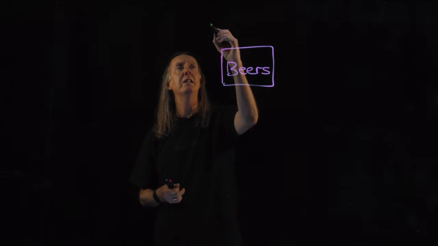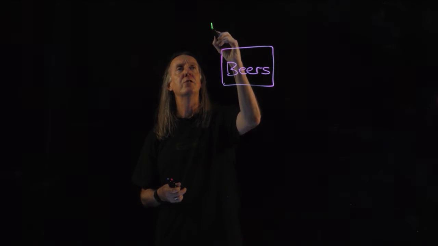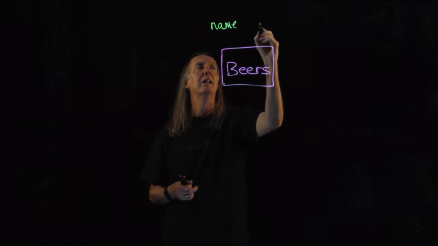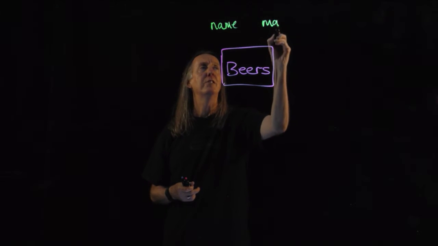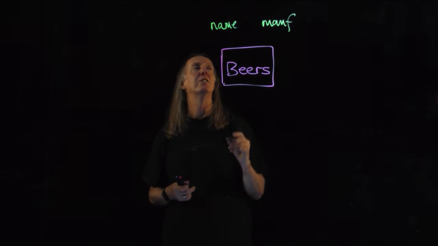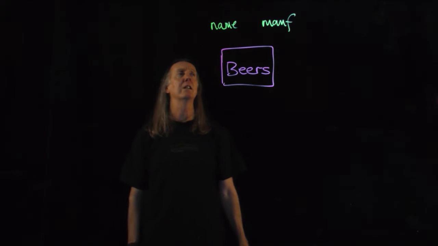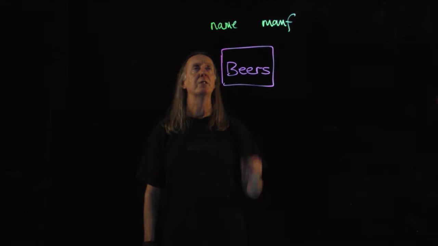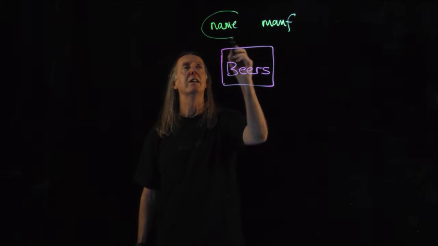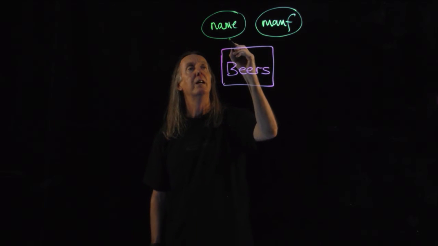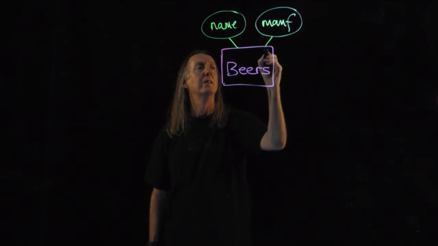In the case of beer, the two attributes of interest are the name of the beer and the brewer, or the manufacturer. And I'll represent that by manf. I'm using these names to be consistent with the schema that I use subsequently. Okay, so that gives us two attributes for the beer's entity.